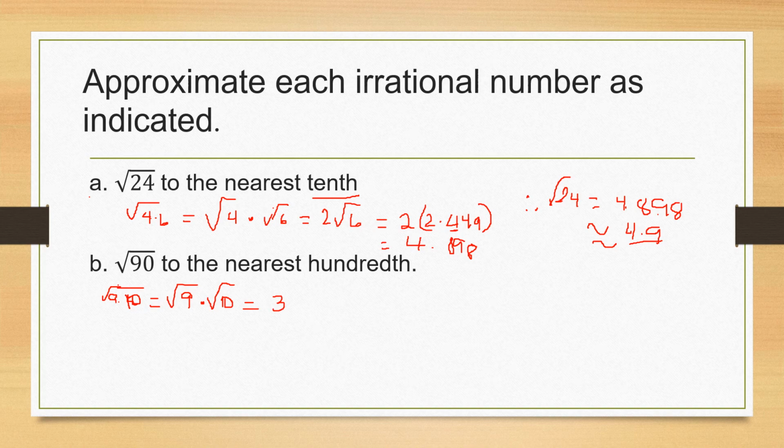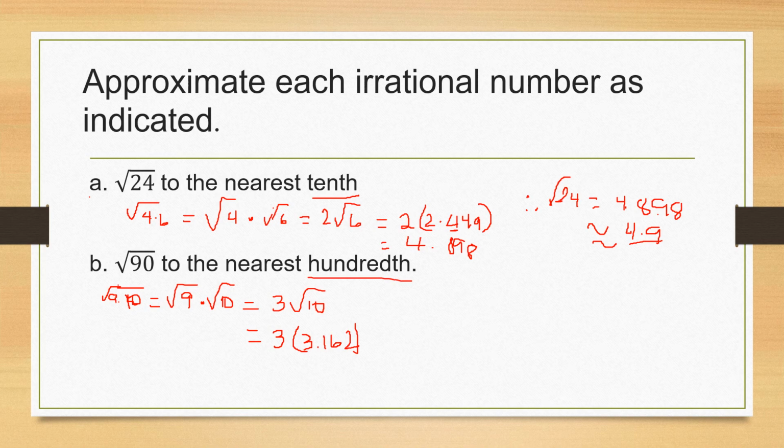Alright, so 3 square root of 10. And using your calculator, you can extract the square root of 10, which is equal to 3.16, or 3.162. Now, here we are going to get to the nearest hundredths.